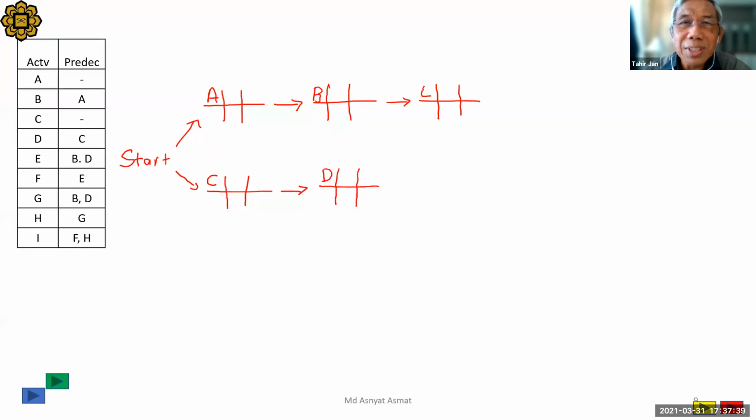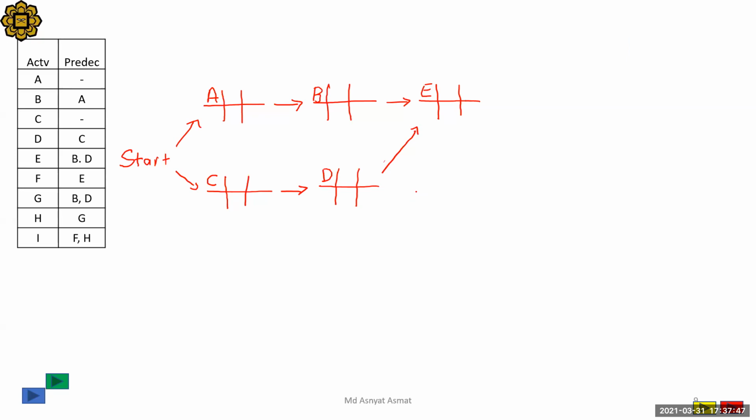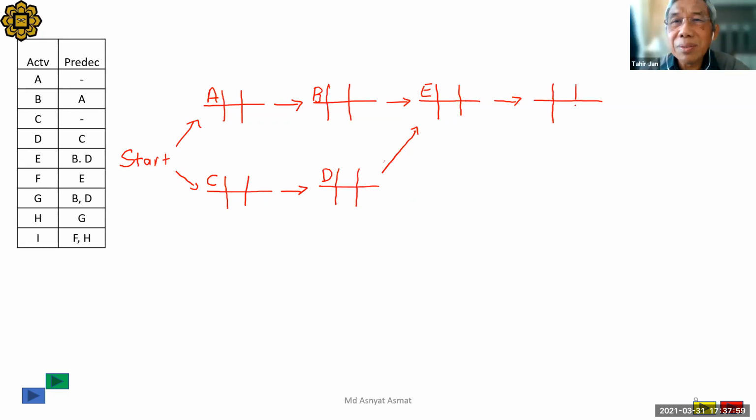I put here, E is after B and after D, right? And then F is after E. F is after A. F is after E. Yeah, F here after E.